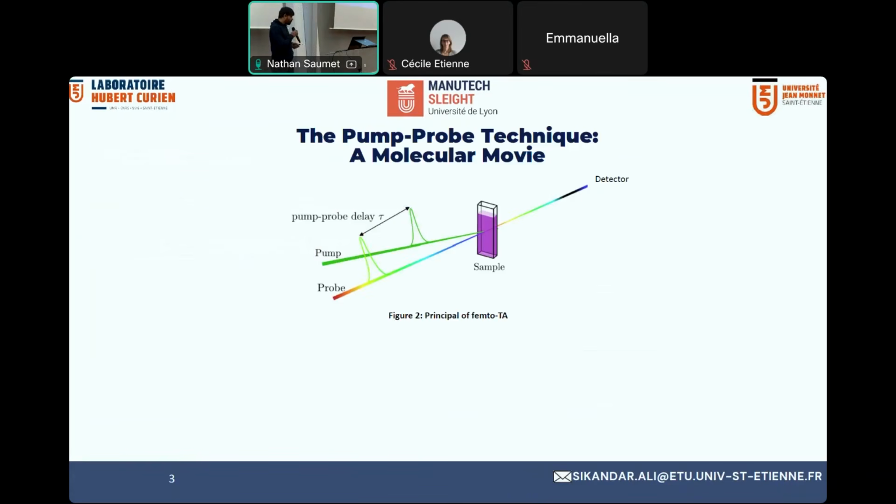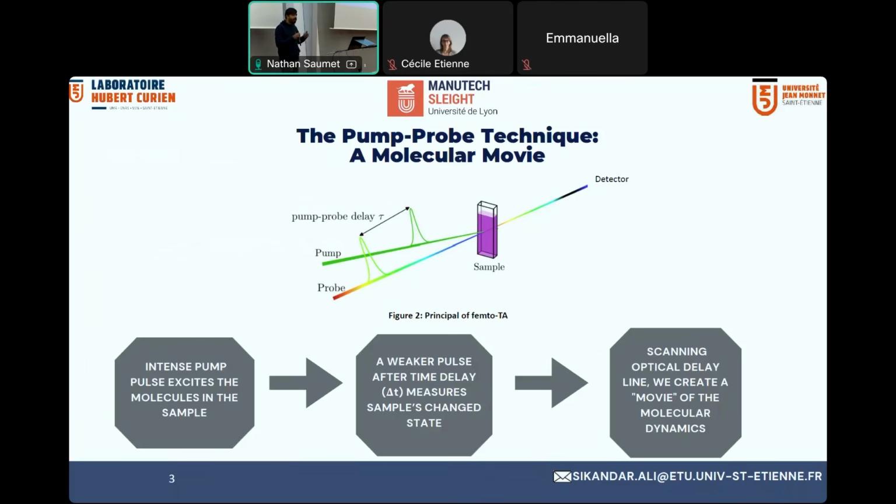So what is the pump and probe spectroscopy technique, how is it done, and how can we create the molecular movie, the dynamics of the molecules? They use two types of beams: the pump beam and the probe beam. The intense pump beam excites the molecules into the excited state.